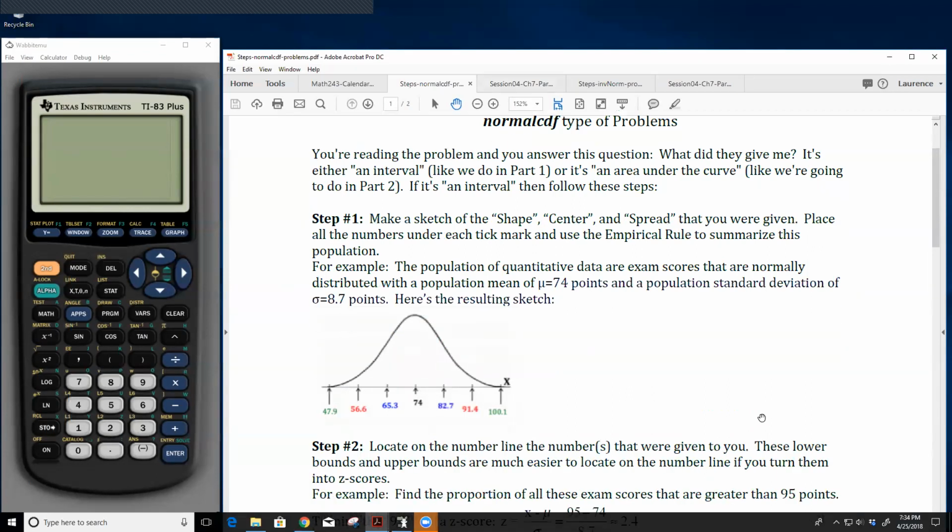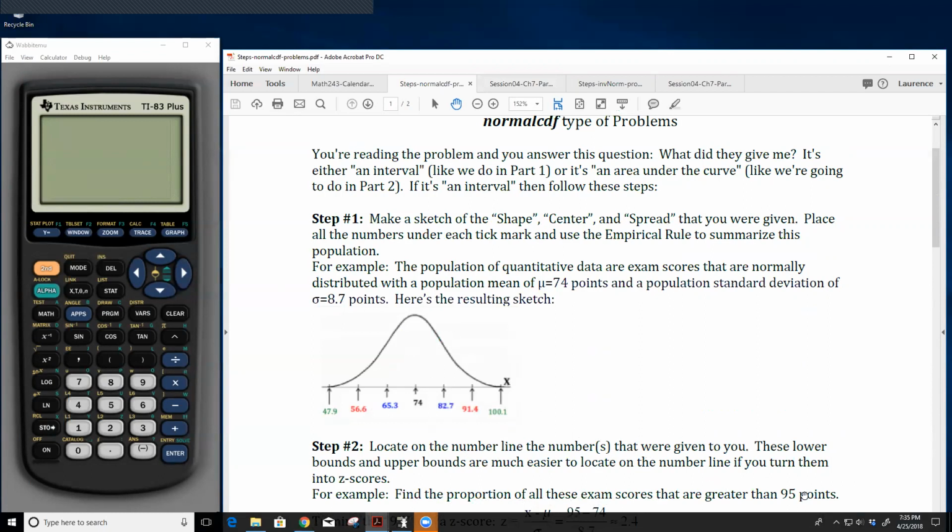Now, in part 1, they're going to give you an interval, some lower bound and maybe some upper bound. Well, you want to locate those and then draw a vertical line there. So for example, let's suppose they want you to find this area under the curve, which represents the proportion of all the exam scores, because that's what this data is, that are greater than 95.